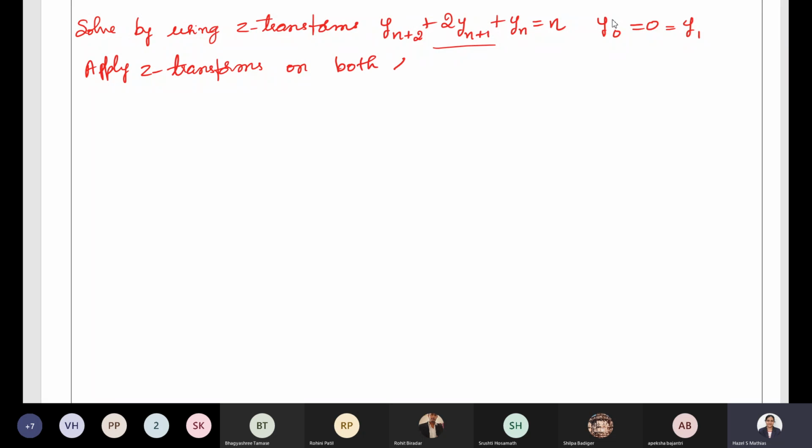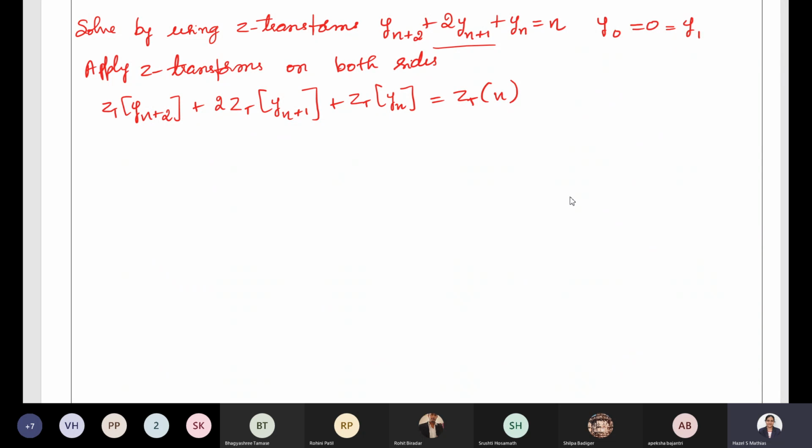We will have Z transform of y(n+2) plus 2 times Z transform of y(n+1) plus Z transform of y(n), that is equal to Z transform of n. Am I correct? Is it okay, everybody? Yes, ma'am.